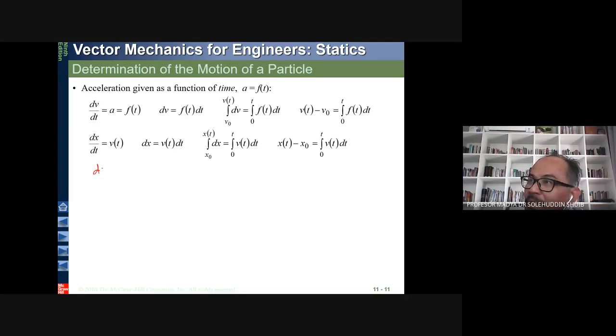So we start writing dv/dt. dv/dt is acceleration, so it is a function of time.